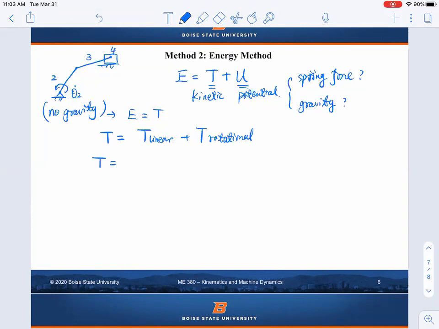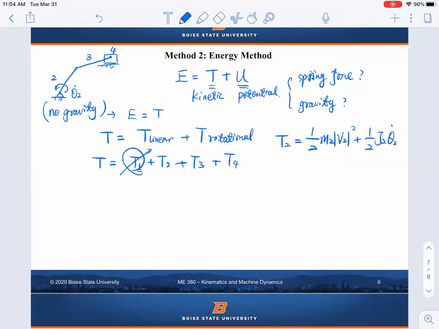Your T is the summation of T1, T2, T3 plus T4. The subscripts 1, 2, 3, 4 describe which link you're looking at. Your ground link is always stationary, so the first term is 0. You focus on T2, T3, and T4. T2 equals half of the linear motion, and then half of the angular motion.